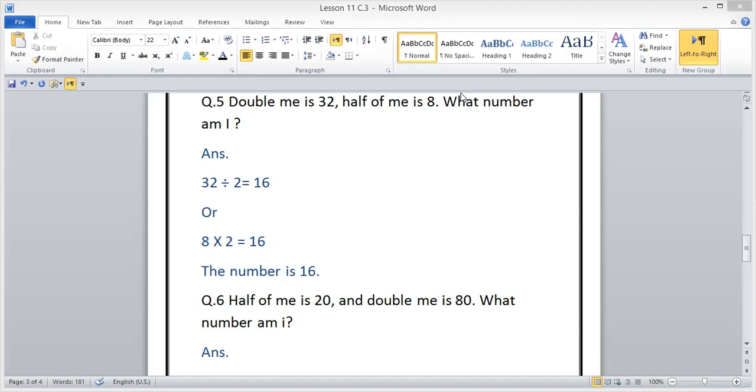Zaid, 10 is not the answer. Adam Khalid, very good. Mashri, your answer is wrong. 16, no. Muhammad, no, 16. Okay, Sharif, okay. No, Ayman.